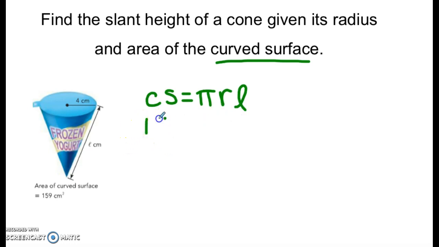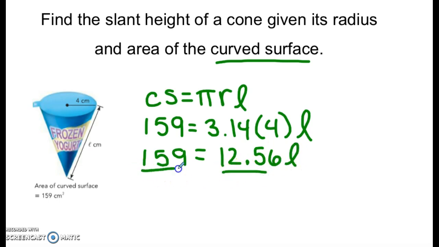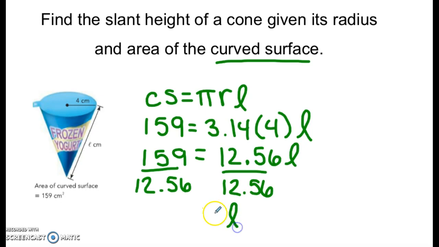Okay, the curved surface is 159 equals 3.14 times the radius, which is 4, and we're looking for slant height. 3.14 times 4 is 12.56. Divide both sides by 12.56. And we're given the slant height is equal to 12.7 centimeters when we round to the nearest tenth.